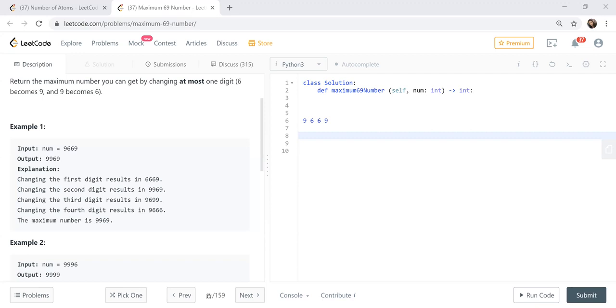Then we keep moving left, and we see 6 again, and now we can convert it to 9, and we keep this as our best solution, and we keep doing that until we get 0.